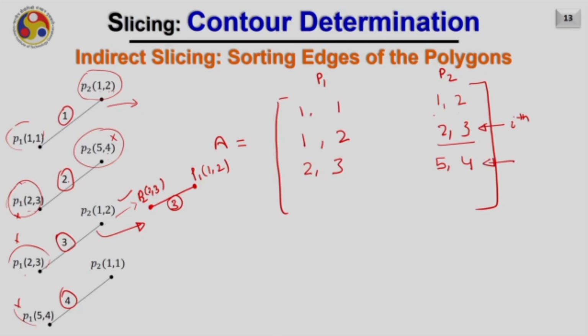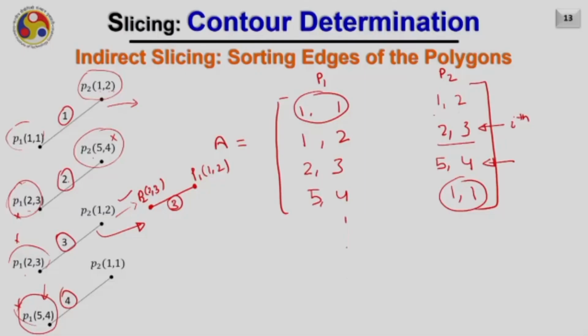We can see that the P2 is appropriately matching with the first point of the fourth line, and hence we can write 5, 4 and 1, 1. You can easily verify that this point should be same as the first point, and hence it is forming a closed loop contour.